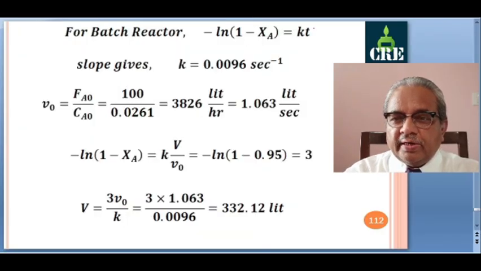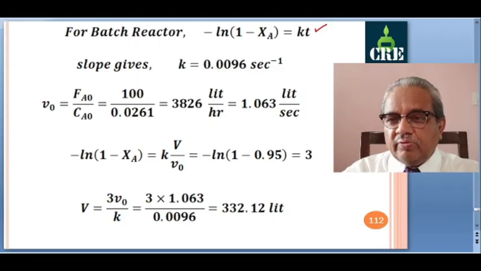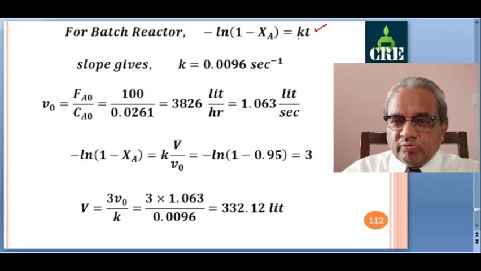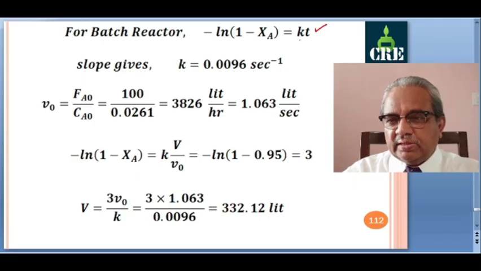This is batch reactor data, so we use the batch reactor equation. And if this fits a straight line through origin, it is y is equal to mx form. If the data fits well with a little bit of plus minus error, the slope will give you k.